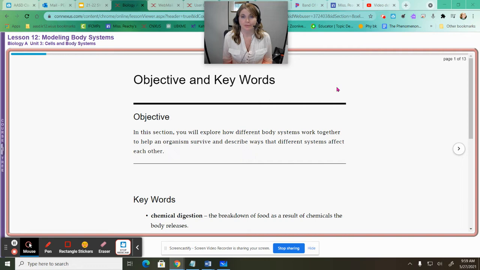Rather than having to study how these body systems work in every single type of living thing, we're doing a representative sample, which just gives us an idea. And we are using humans because why not? We're all humans, right? As our model for these different body systems.